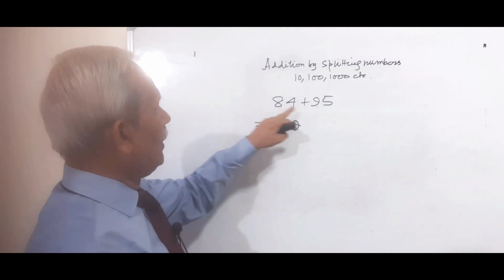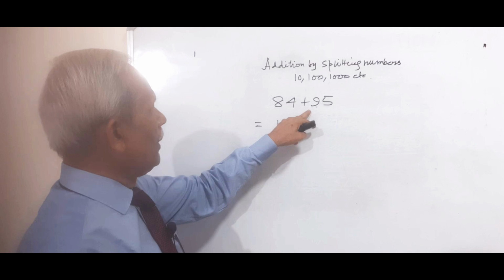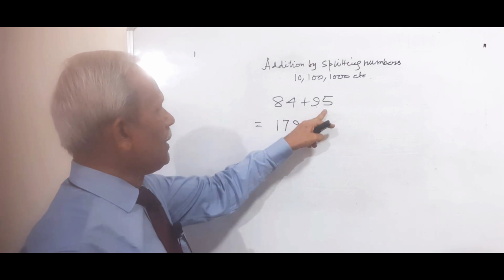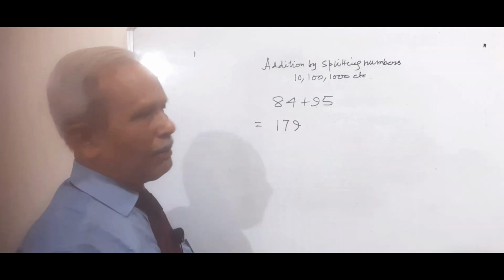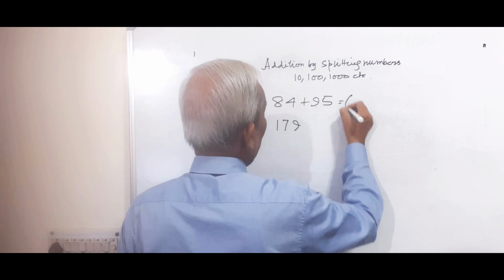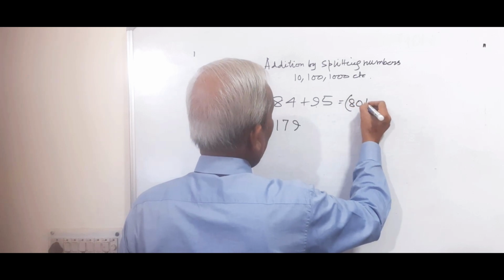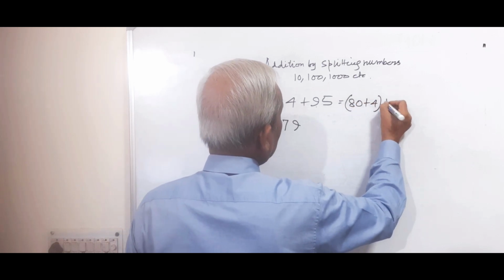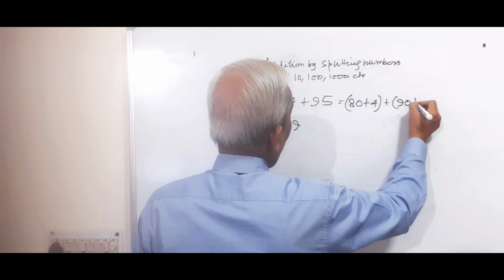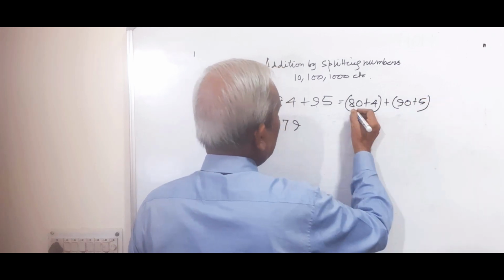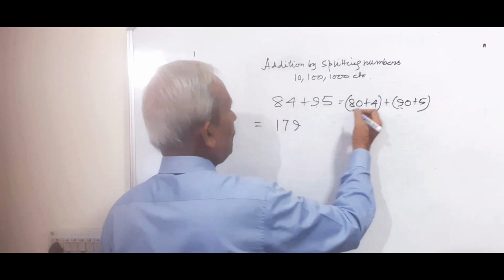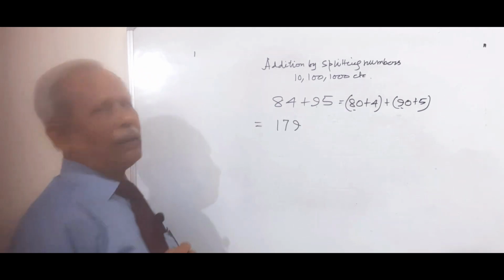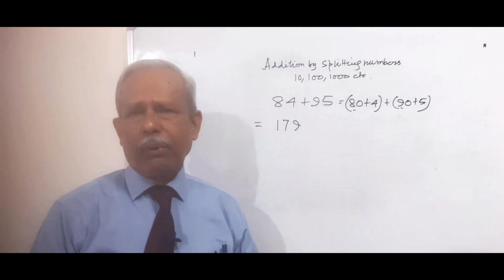I can write it for you if you could not follow it: 80 plus 4 plus 90 plus 5. Then you can straight away write 80 plus 90 is 170, plus 4 plus 5, 9, 179. That's how we have done this problem, right?